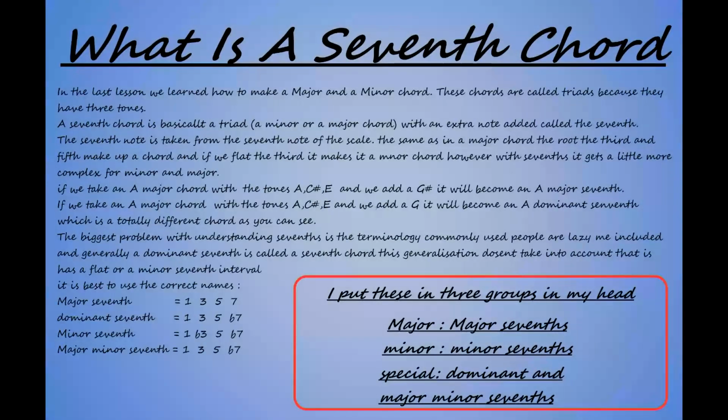Right, so first thing, what is a 7th chord is probably the question most people are asking. A 7th chord is a major or a minor chord with 1 extra interval added. So it's not got 3 notes, it's got 4 notes.